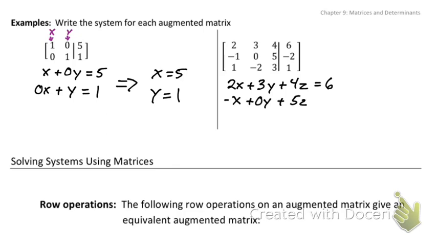Plus 5z equals negative 2. And finally, we have x minus 2y plus 3z equals 1. Once again, you can either put 0y or you can completely omit it and just have negative x plus 5z. I don't really care, as long as you recognize that 0 means you just don't have one. All right, so that is going the opposite direction.